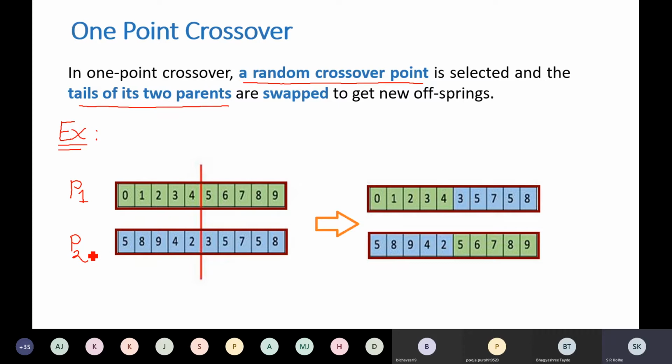Now there are 10 digits which are representing each parent chromosome. So the first thing that we have to do in one point crossover is to randomly select a crossover point. So how to do this in algorithm?